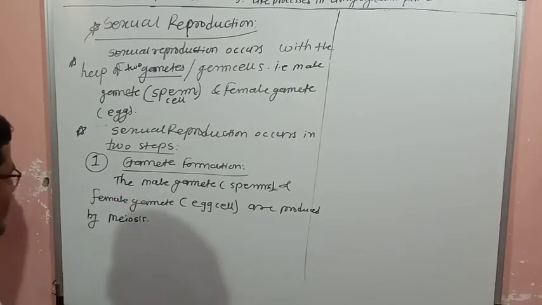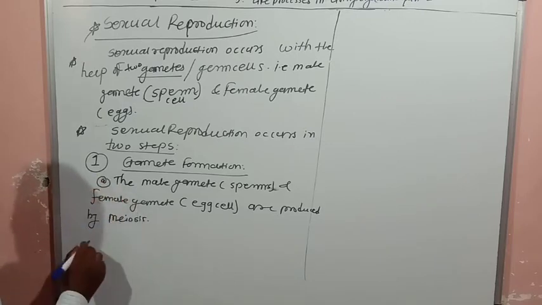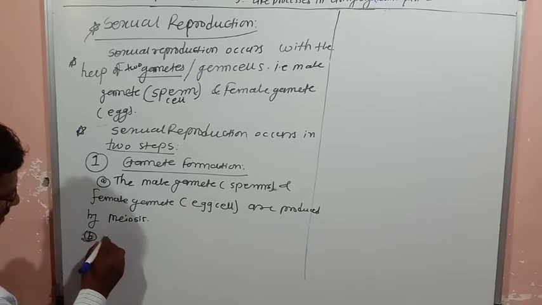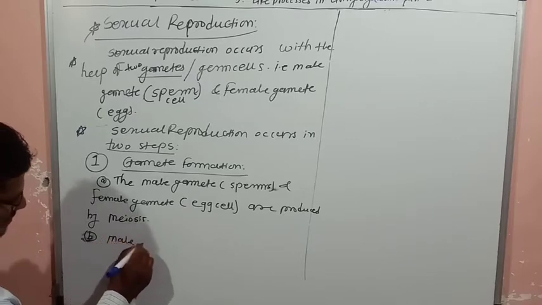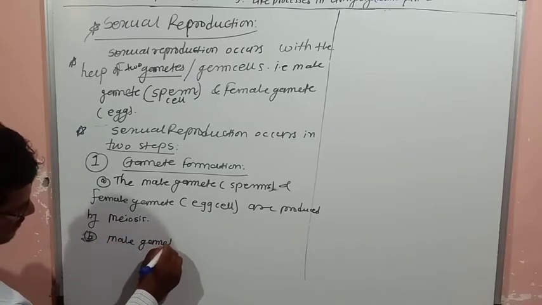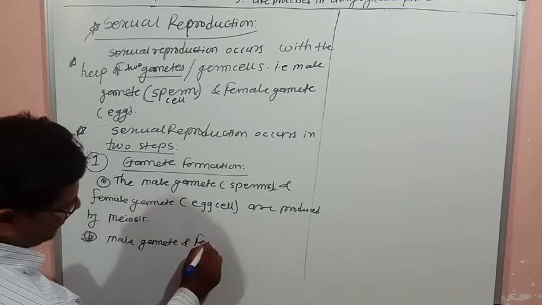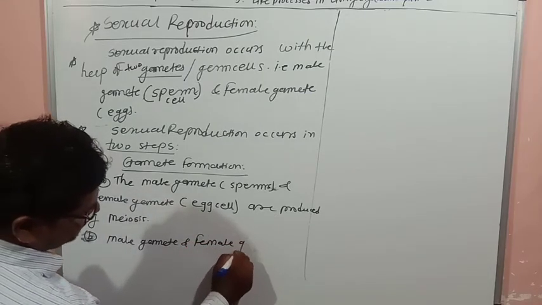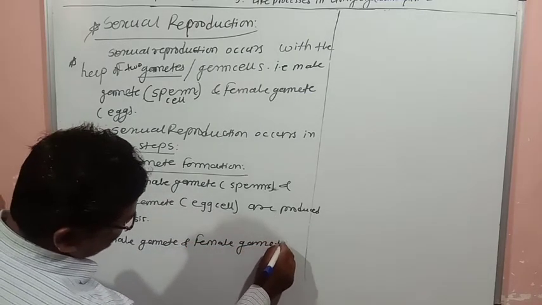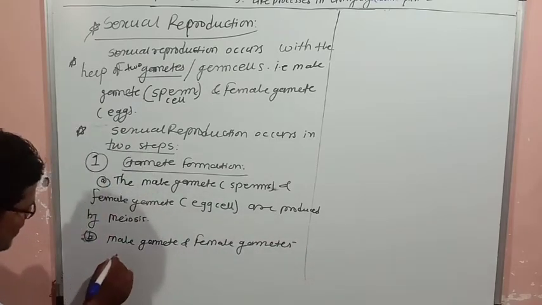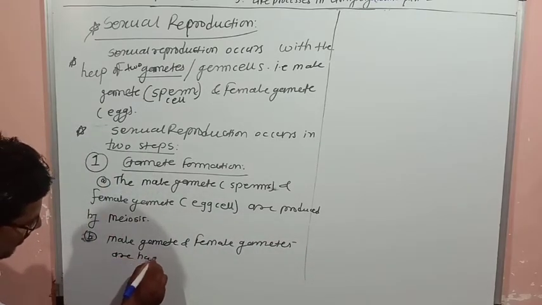The second point is that the male gamete and female gamete are haploid.